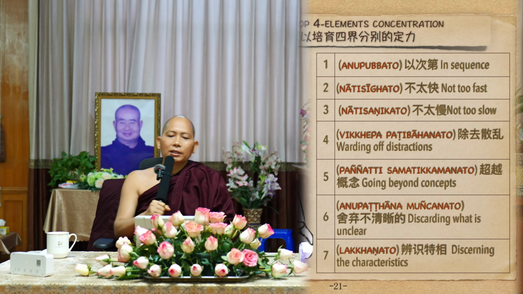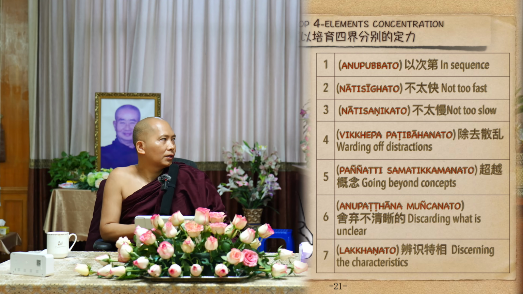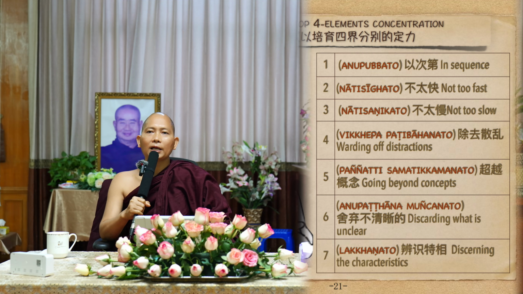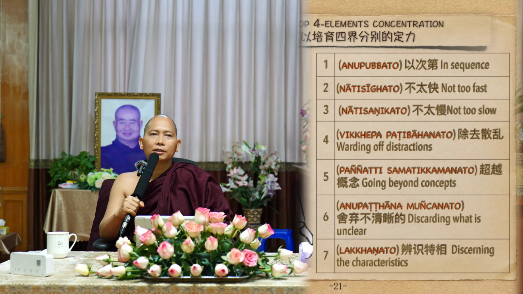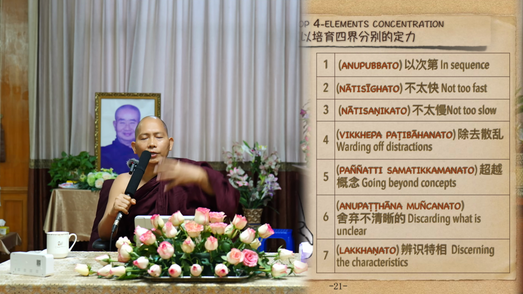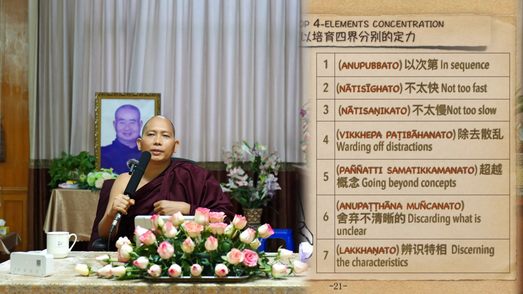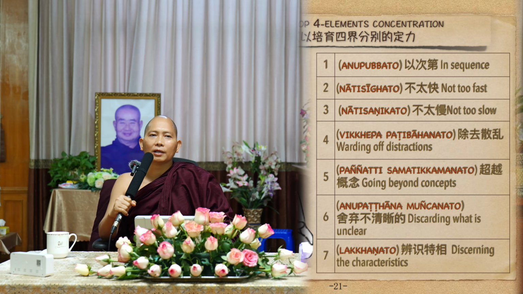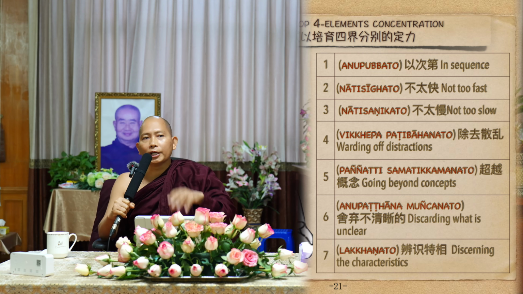The number 6, Anubandhana Manasikara. Sometimes when you are discerning the 12 characteristics together, some may not be obvious; some may be clear, some may not be clear in your knowledge. Why? You are discerning generally.